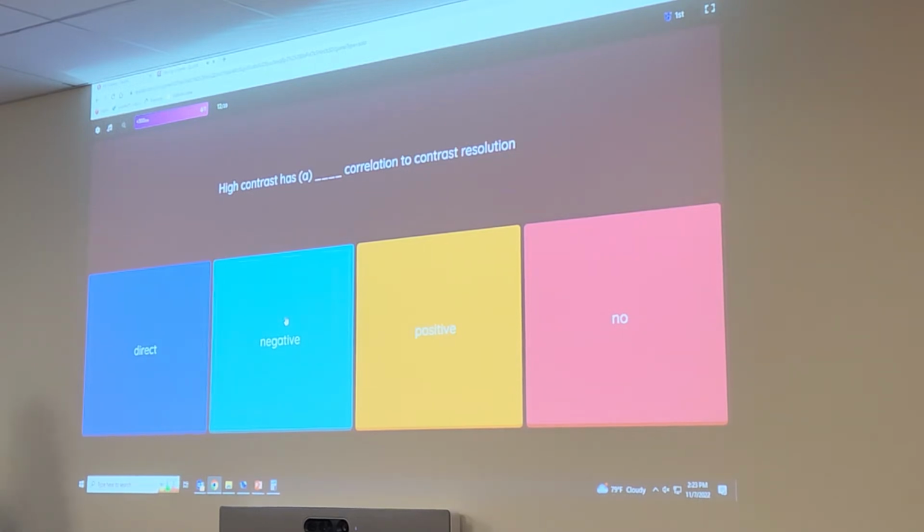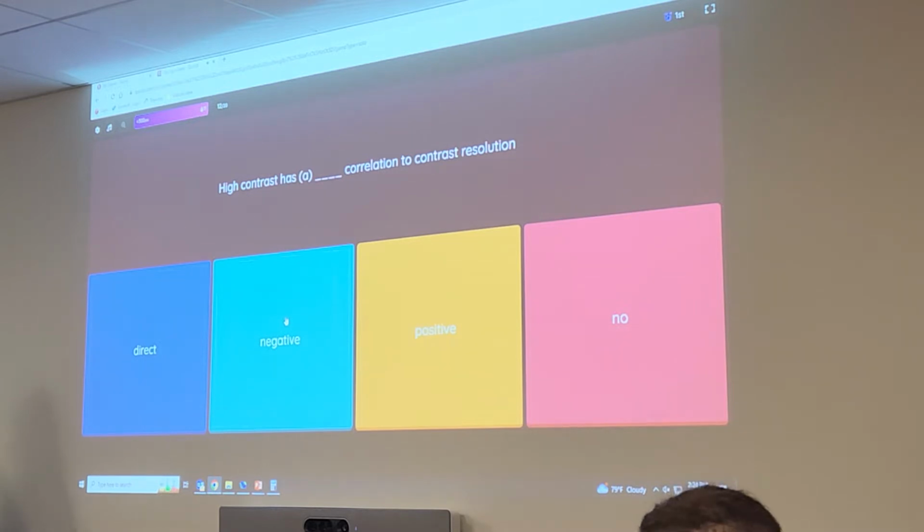No, it's the other one. High contrast is black and white. Low contrast is blacks, grays, whites. Contrast resolution is the more shades of gray you have in an image, the higher your contrast resolution is. So high contrast has an inverse relationship with contrast resolution.